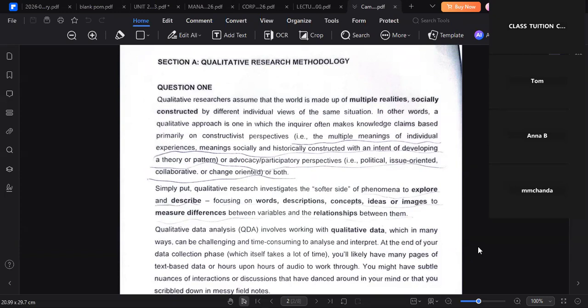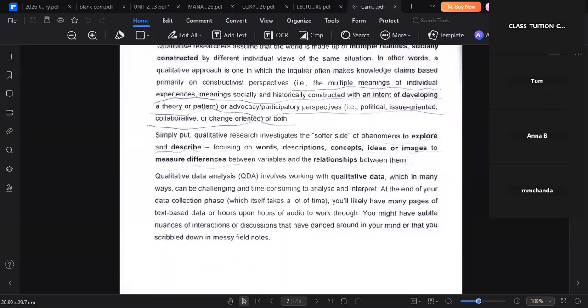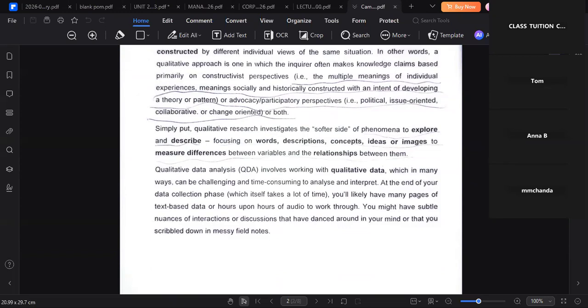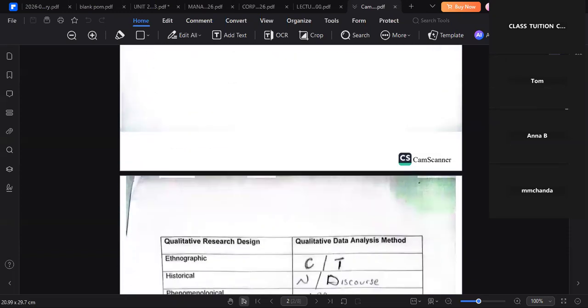At the end of the data collection phase, you will likely have pages of text or hour upon hour of audio to work through. You might have subtle nuances of interpretations and discussions that have danced around your mind that you scribbled down in messy field notes.